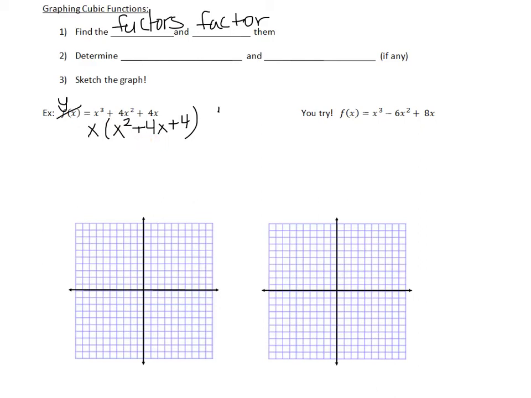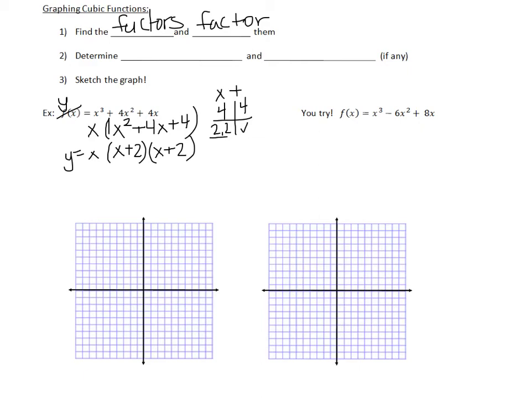So what multiplies to be 4, that adds to be 4? And I come up with 2 and 2. So I have y equals x, because that was the GCF. I have 2 sets of parentheses. Since it's a simple trinomial, it's going to be x and x as the first term. And 2 was what I found, so a positive 2 and a positive 2.